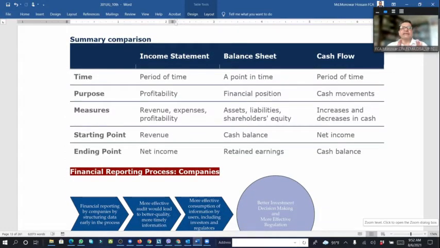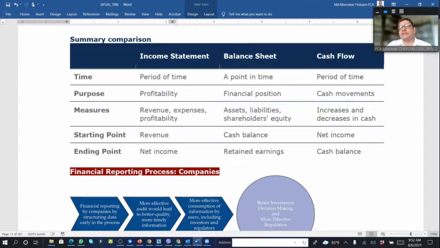And if we see the summary comparison, the income statement shows a period of time, a specific period, January to December. And we know that in our country, the NBR, through the budget, that is the Finance Act, declared that the financial period of a company should be July to June for tax purposes.